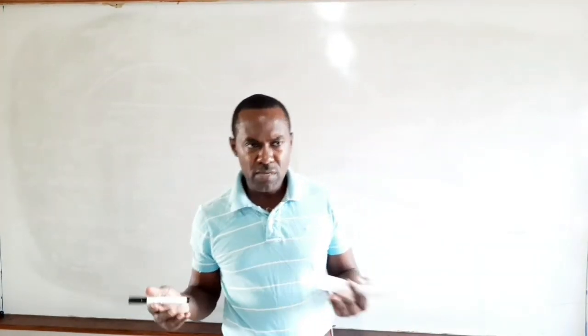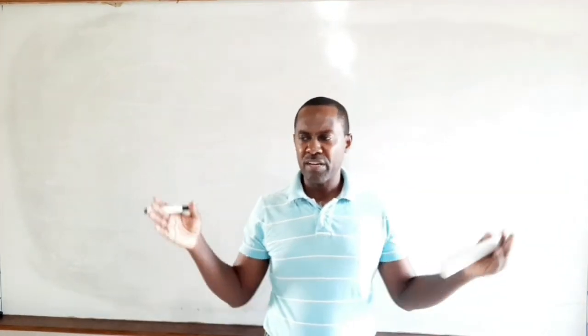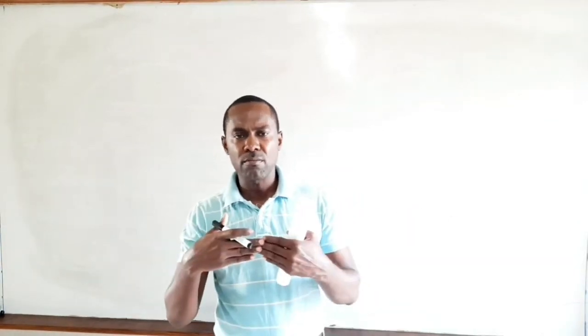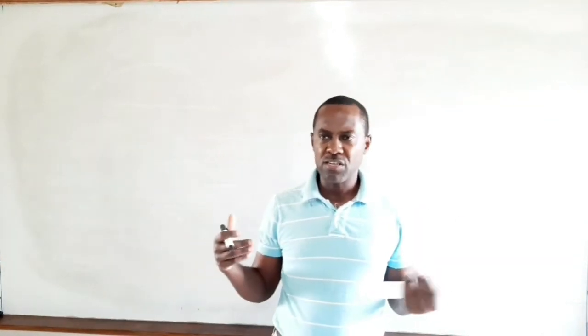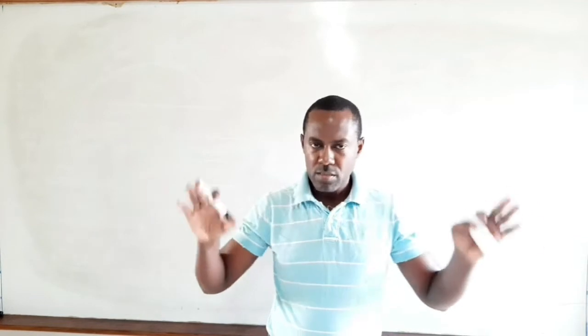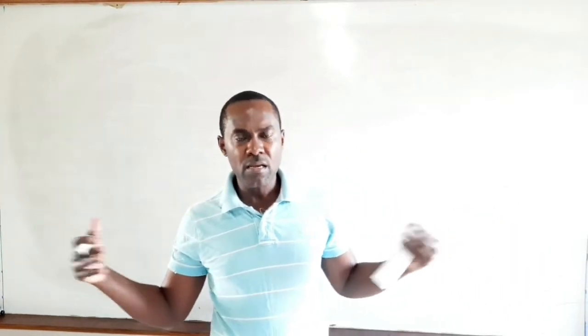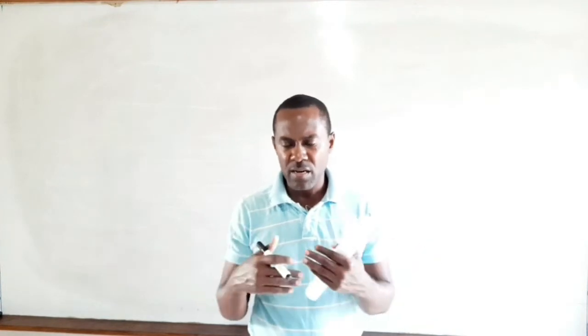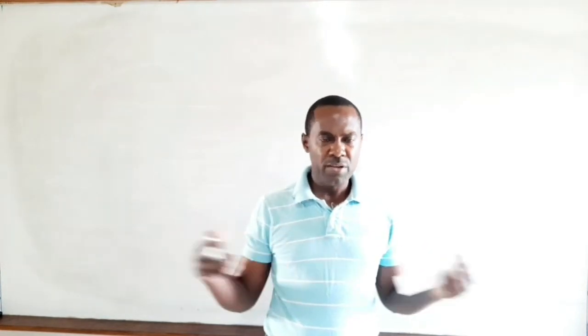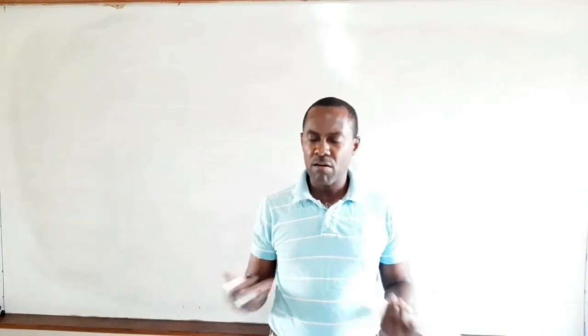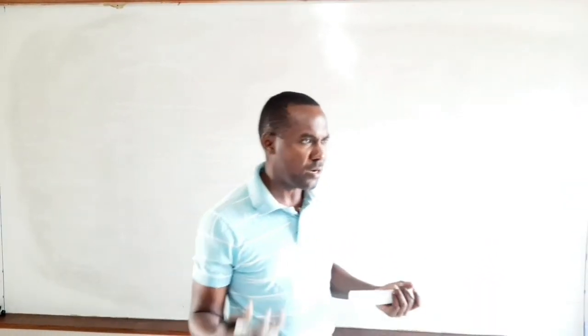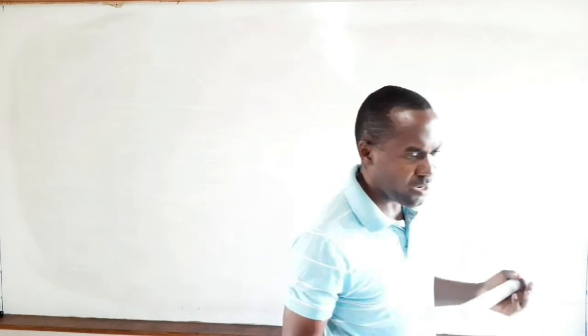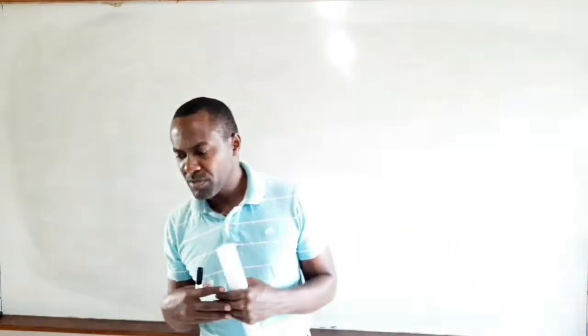A collision is essentially where two bodies which are initially separate then come together, such as, for instance, two vehicles in a motor vehicle accident. They were initially separate, they come together, so therefore they collide. So when we speak about collisions, we're speaking about bodies which are initially separate and then they come together.